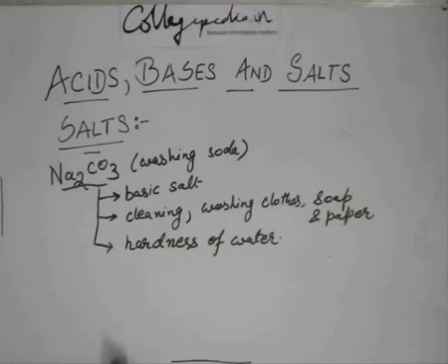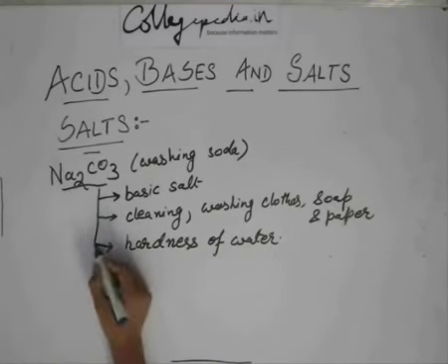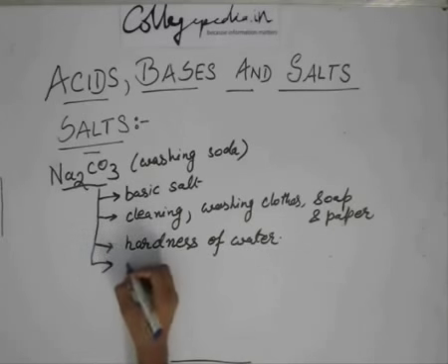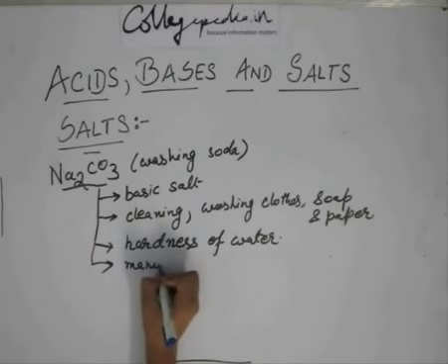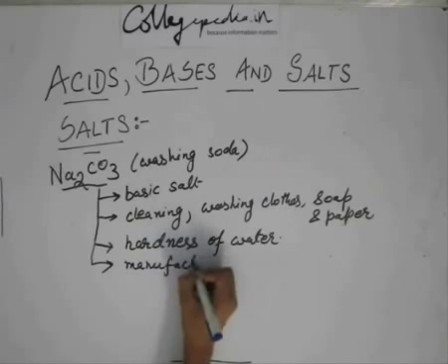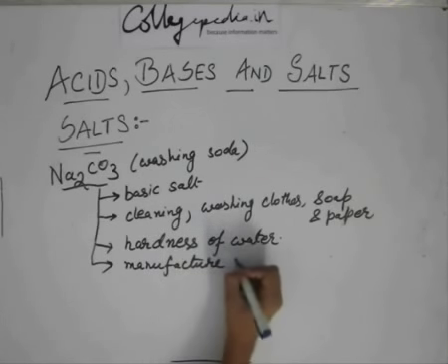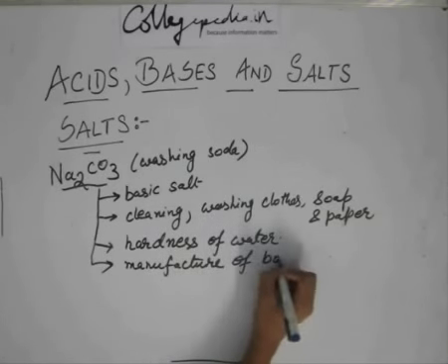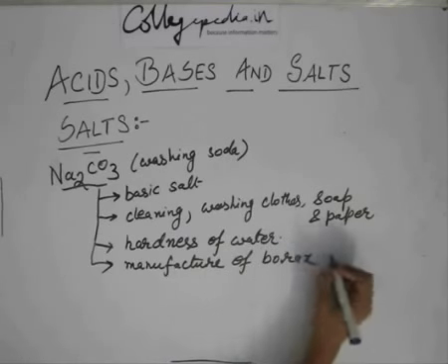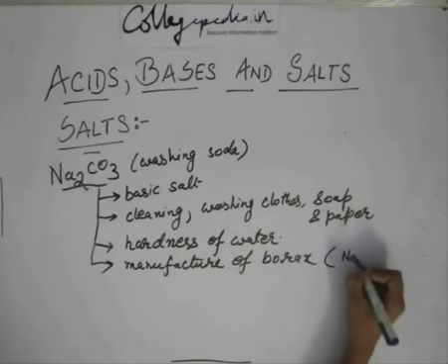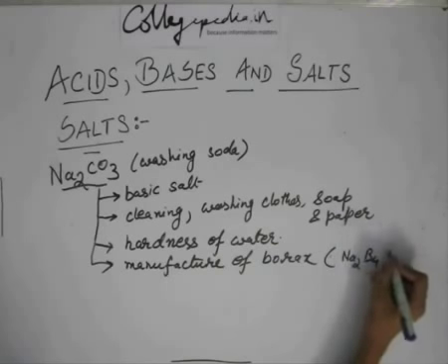So to remove this hardness, this Na2CO3 is used, and it is also used in the manufacture of borax. Borax is Na2B4O7.